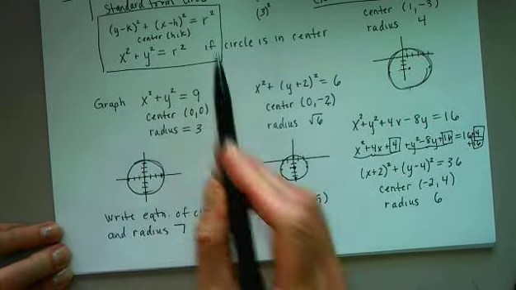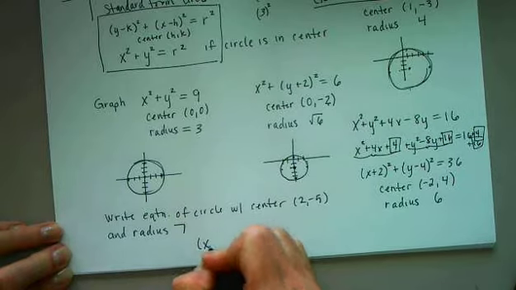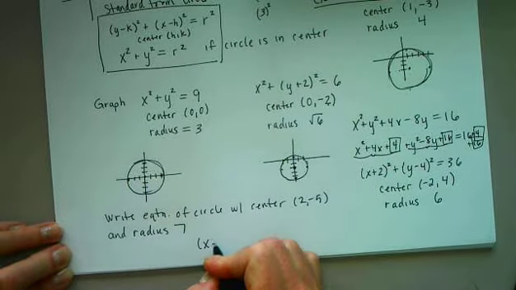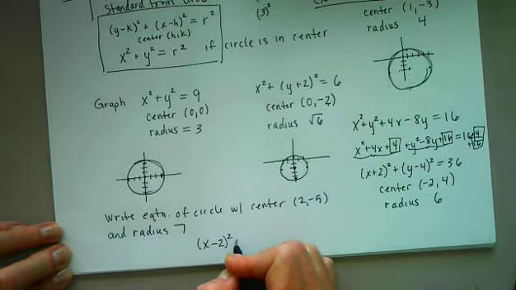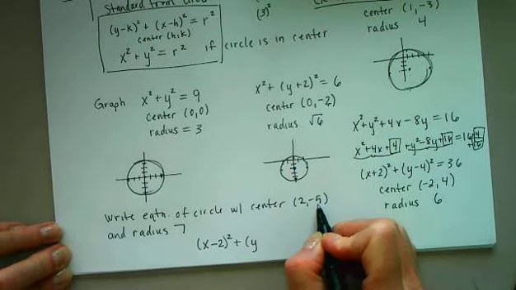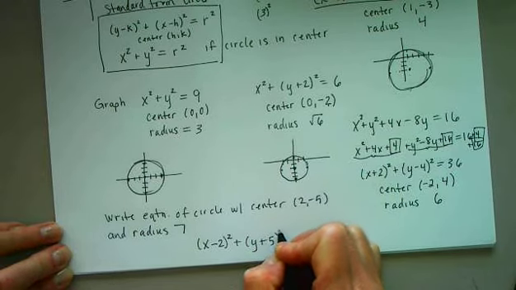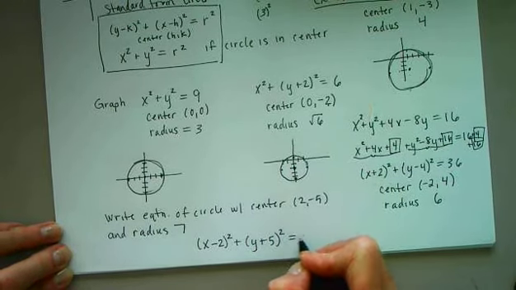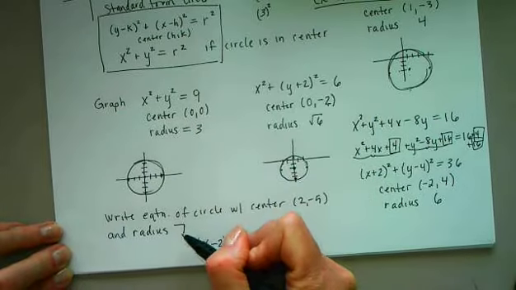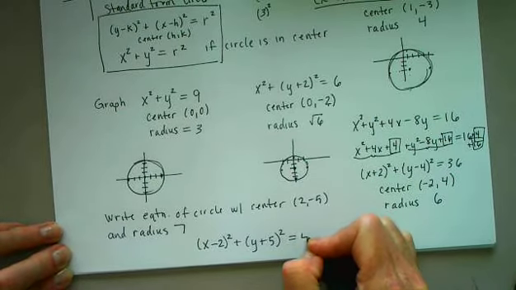And so you would have x subtract the x coordinate, 2 squared, plus y subtract the y coordinate. So y subtract negative 5 is y plus 5 squared, isn't it? Equals the radius squared. So I take my radius and square it, and that's it.